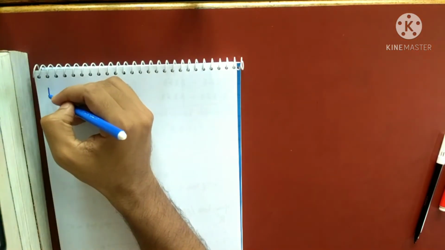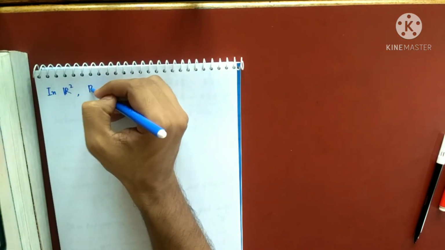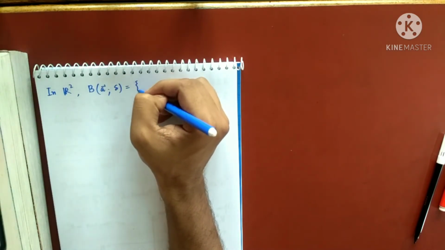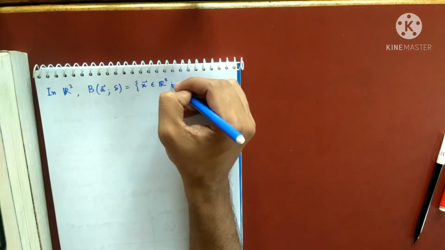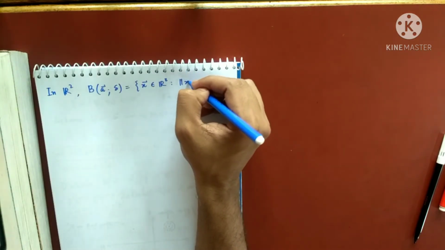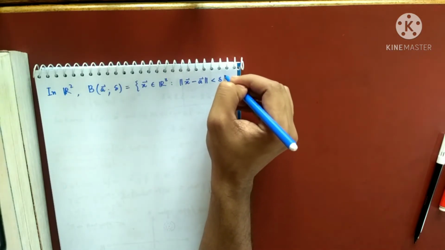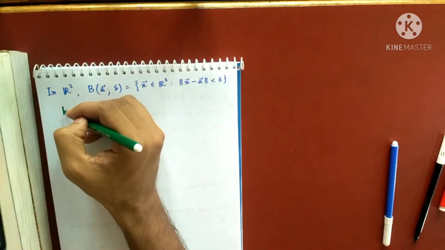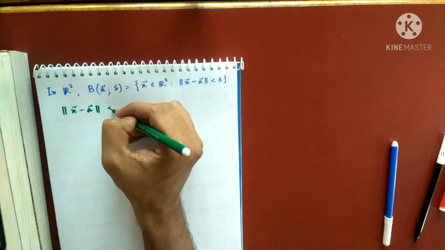In R2, what I mean by an open ball centered at A and radius delta is all those points in R2 whose distance from the center is less than delta. Now let's try to simplify this quantity: the norm of x minus a less than delta.